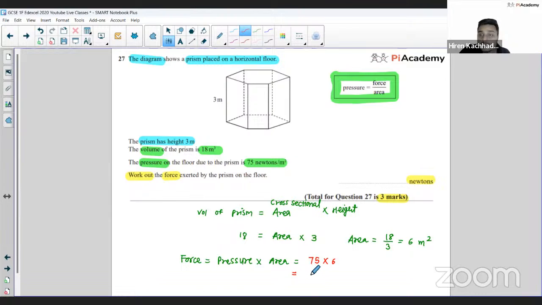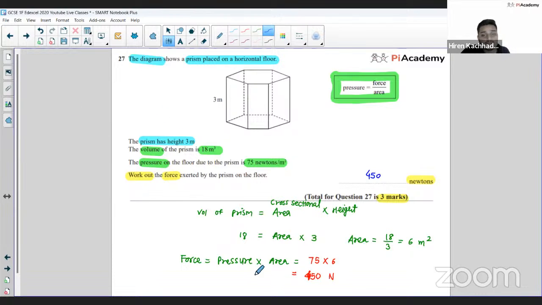What is the double of 75? That is 150, and then 150 times 3 is 450. So the answer of this question is going to be 450 Newtons. Okay, everyone? Very good, Zaika, very good, and Coimbatore, very good.